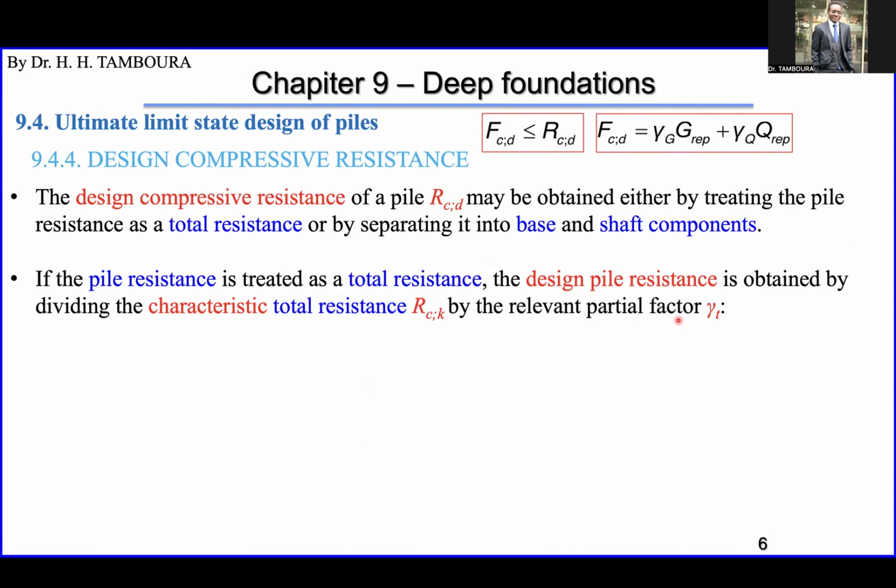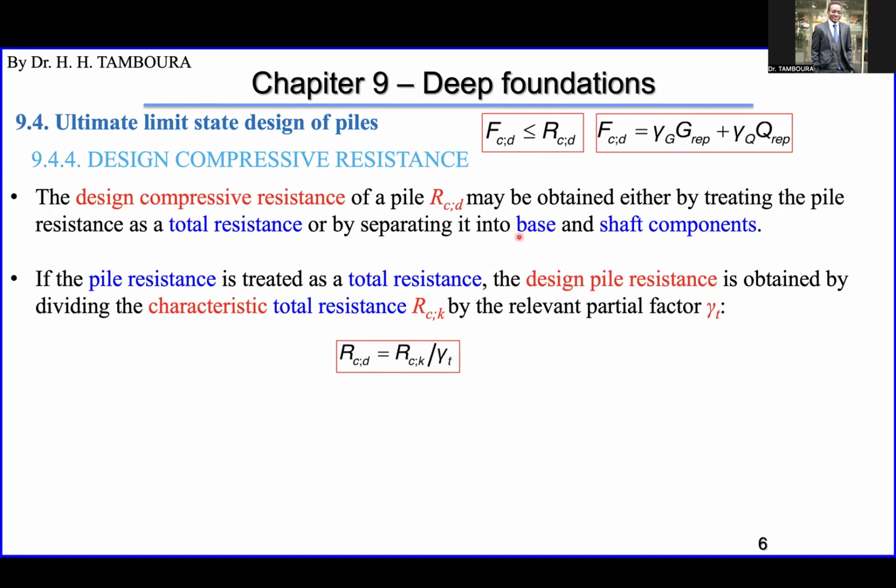If you treat it as a total resistance, the partial factor you use is gamma T. So the equation is simply RCD, the design resistance, equals the characteristic resistance divided by the total partial factor. This is in case you treat it as total resistance.